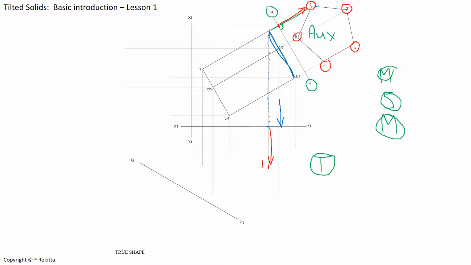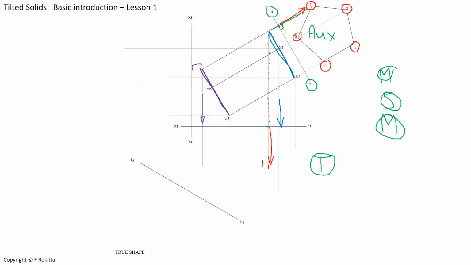And we also need to remember that the base end of our prism needs to be carried over to the top view as well. And that will also be straight down in the direction as shown here towards the x1, y1. And we will also make use of those same measurements that we use at the auxiliary view.